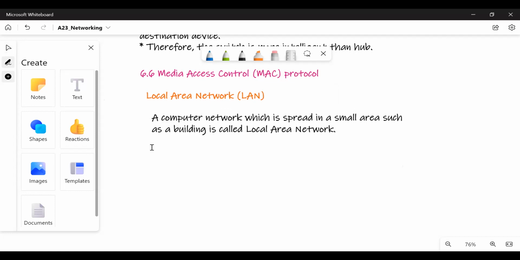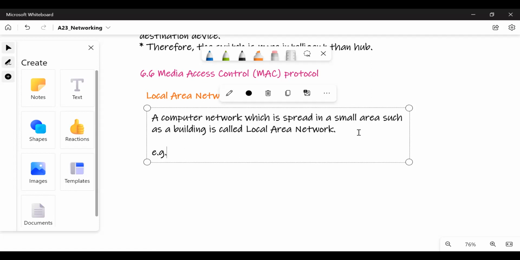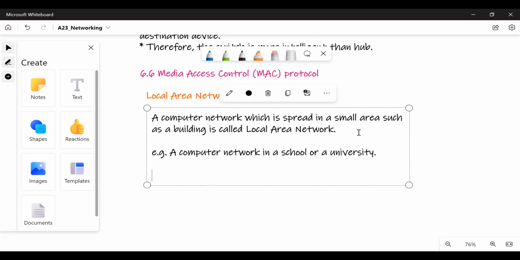If you want some examples, take the network within a school or a university. We can say this comes under a local area network.